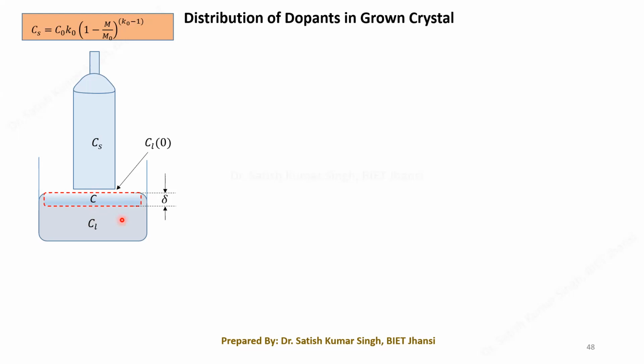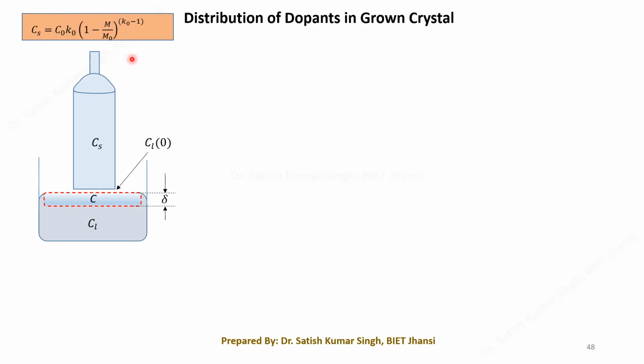Now we have to think about this case. From this equation, K naught is constant, and C naught, the initial concentration, is always constant, so why does CS keep on increasing? We have to look at why CS is increasing when we keep drawing the crystal.